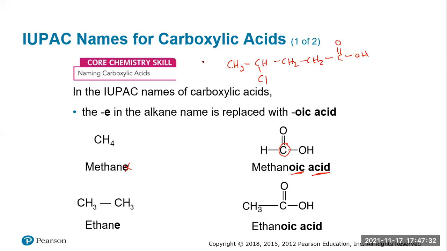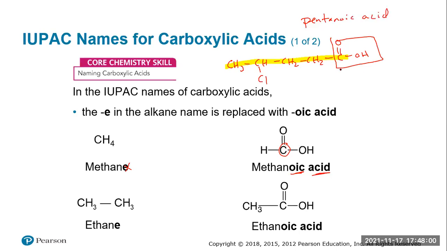Now, when we would go to name something like this, again, we're going to go with the longest carbon chain that contains the functional group, which is the carboxylic acid. So in this case, it's just straight across as 1, 2, 3, 4, 5 carbons. 5 carbons is based off of pentane. It is the carboxylic acid group here, so that's going to be pentanoic acid.